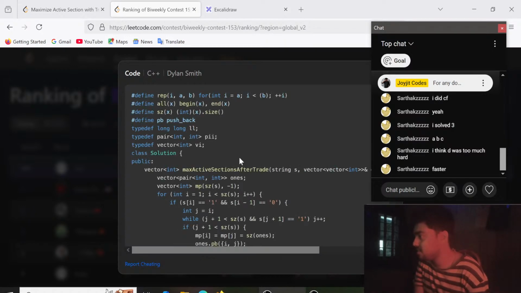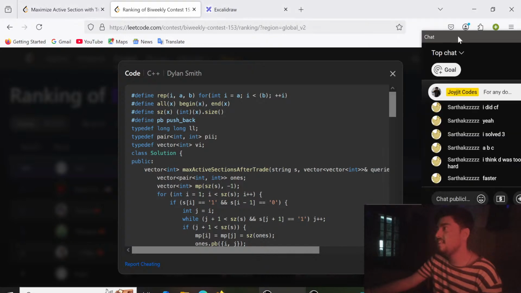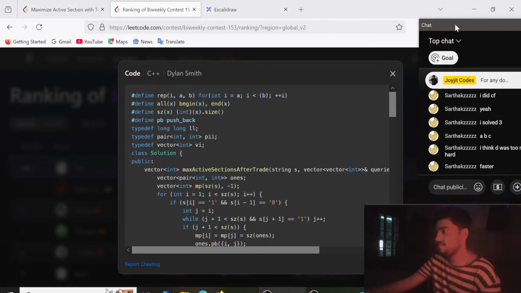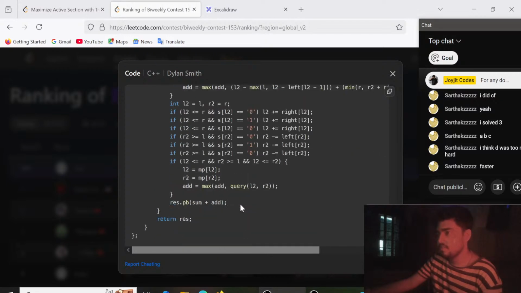What faster? You did Codeforces, no? I'm explaining LeetCode. I don't get it.